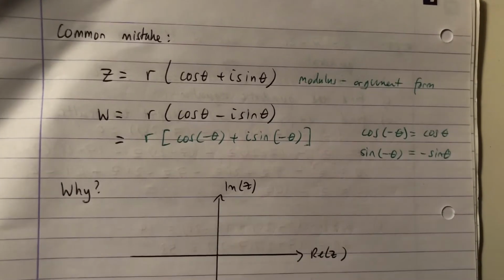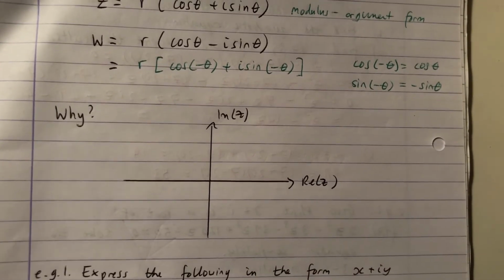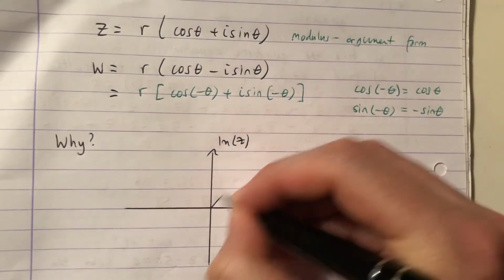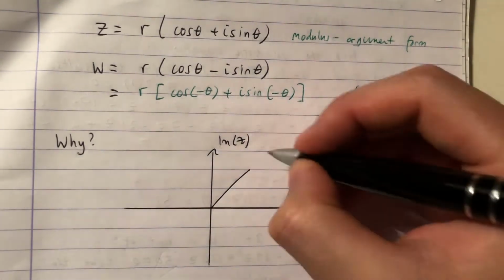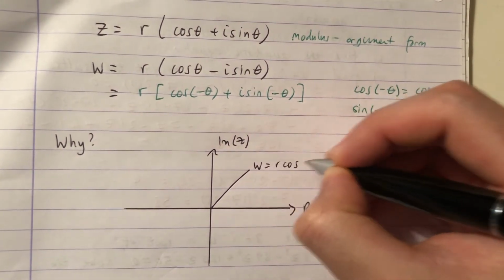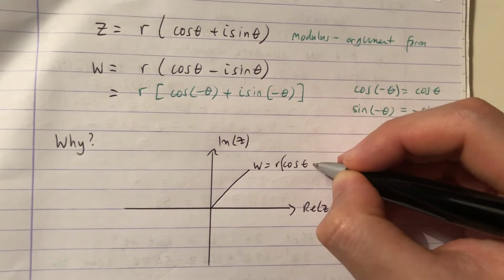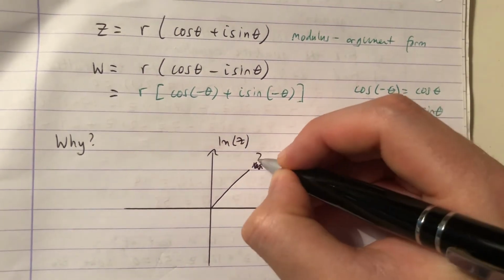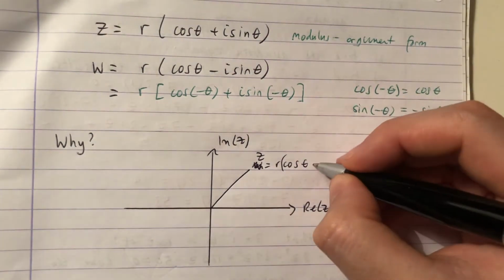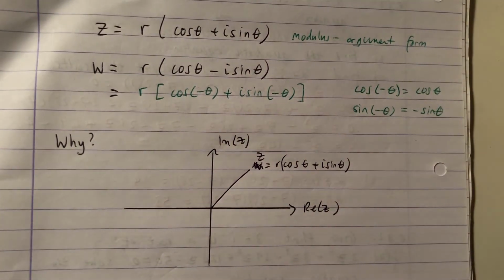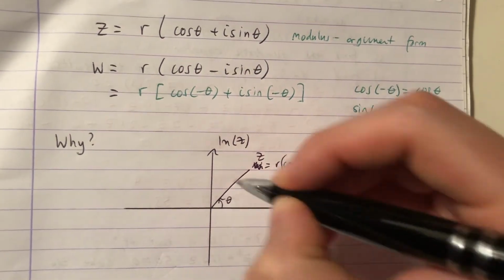Another geometric reason why is if I label this as our complex number, call that Z, which is r cos theta plus i sine theta. So that angle is theta, this length is r.